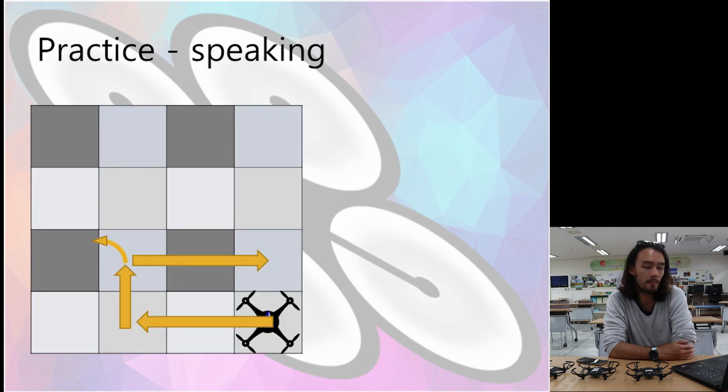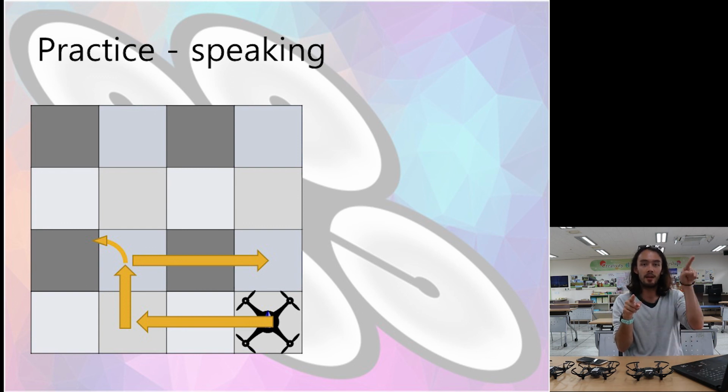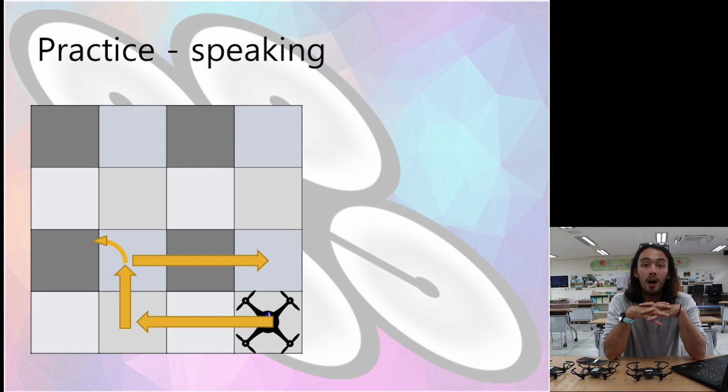Does that make sense? So you can see the arrow goes that way, then it rotates and then goes that way. So how would you say this in words? So you can practice and then write it down and speak, and then compare with one of your friends.